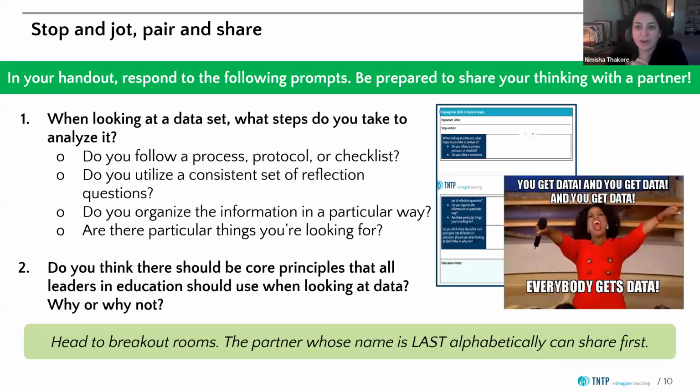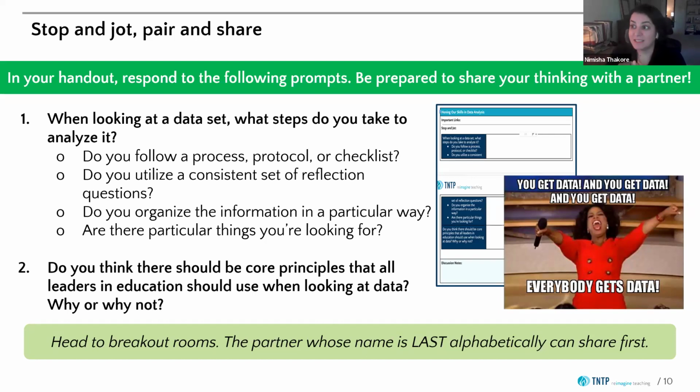So we're going to start by sharing what we already know and do. In your participant handout, you have these exact prompts. We're going to give you 3 minutes to independently respond to them before we send you to breakout rooms to discuss. So even if you're in person with people, take these 3 minutes to independently jot down your own thoughts.